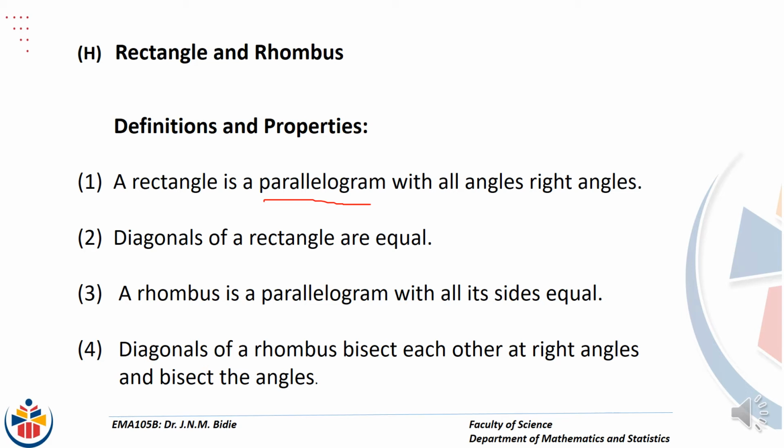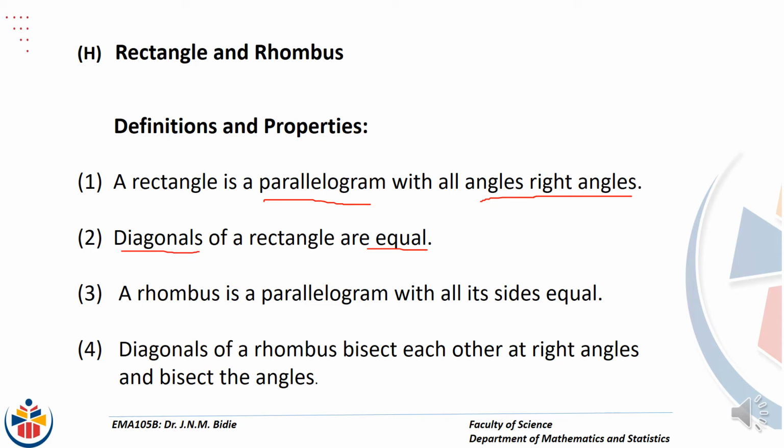And then on top of that, all its angles are right angles. So it has got angles that are 90 degrees. Secondly, the diagonals are equal. It's got an added property from that of an ordinary parallelogram. The angles are right angles as well as the diagonals that are equal.